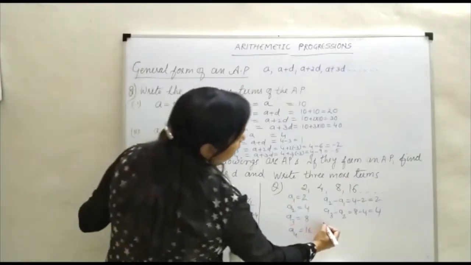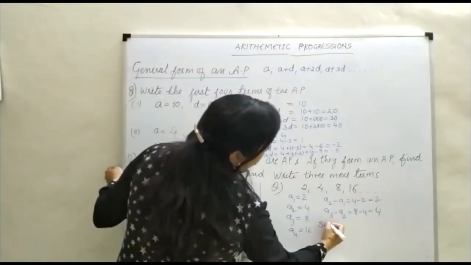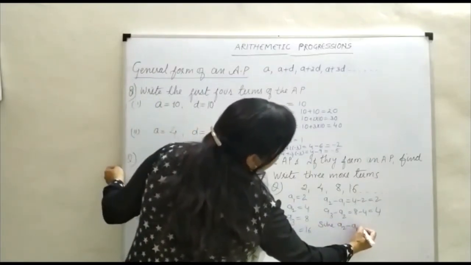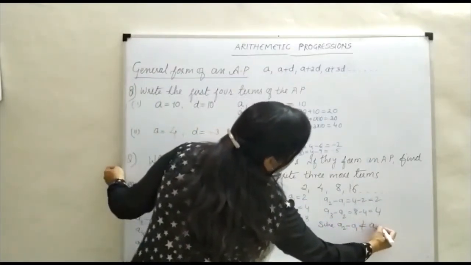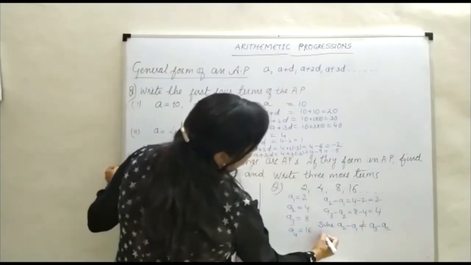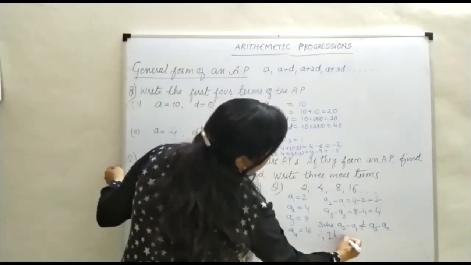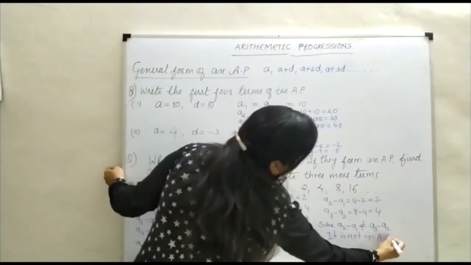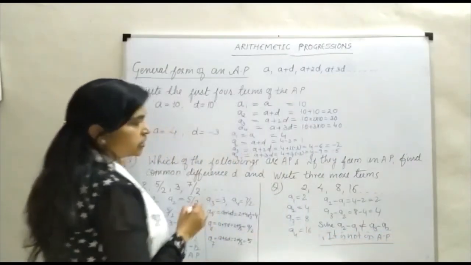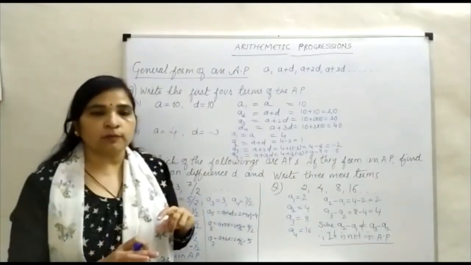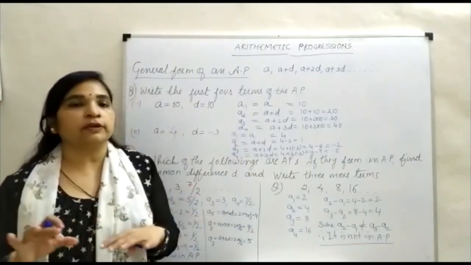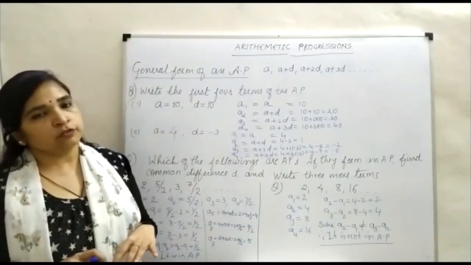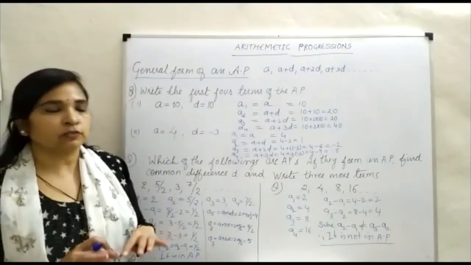So you can just write, since A2 minus A1 is not equal to A3 minus A2, therefore it is not in AP. As the question mentions, you have to write 3 more terms only if it is in AP. Otherwise, you have to mention that it is not in AP.